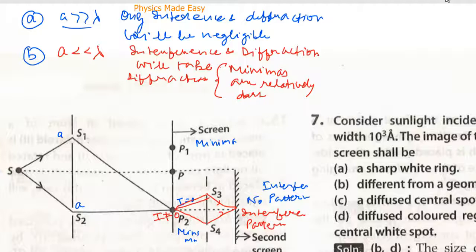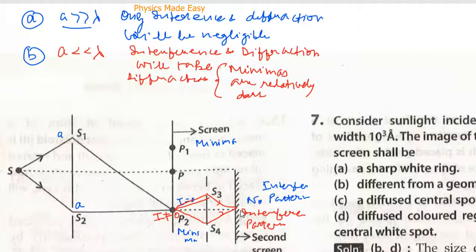And so I have divided it in two cases. If only interference takes place, then minimas are completely dark and there will be no fringe pattern on the second screen. And if the slit width is lesser than the wavelength, then interference and diffraction both will take place, intensity here will not be 0 and we shall observe an interference pattern.